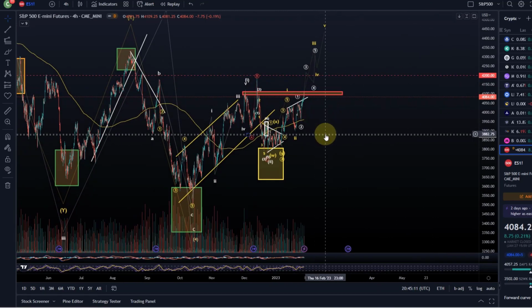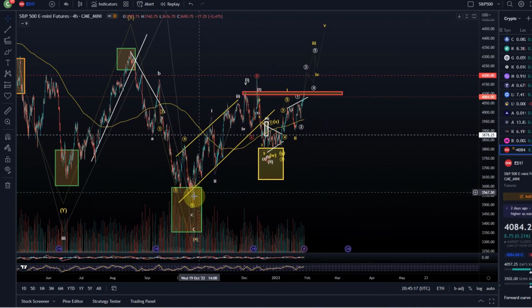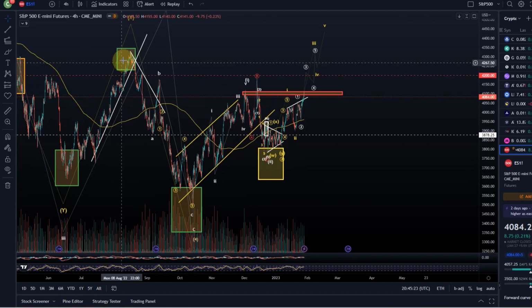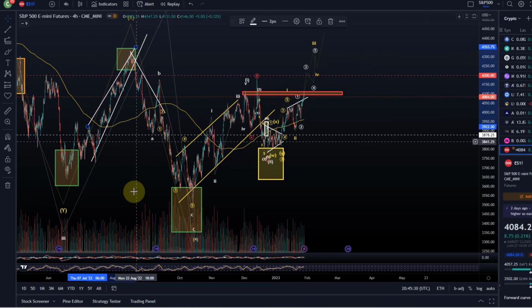But of course, it's the same story as Bitcoin, because the problem is this is only a diagonal. If it was an impulse, it would increase the probabilities that we are in a proper breakout. But also here, this was only a diagonal pattern. You can just see that, basically an ascending wedge here. Too many overlaps and messy price action overall.